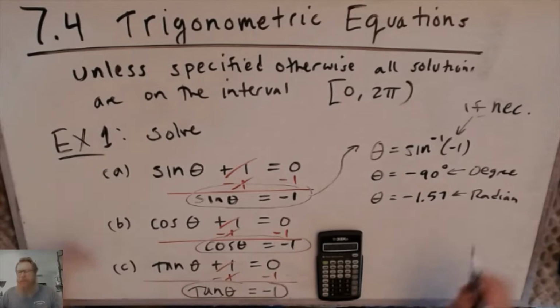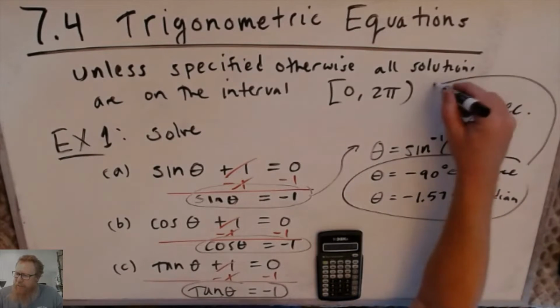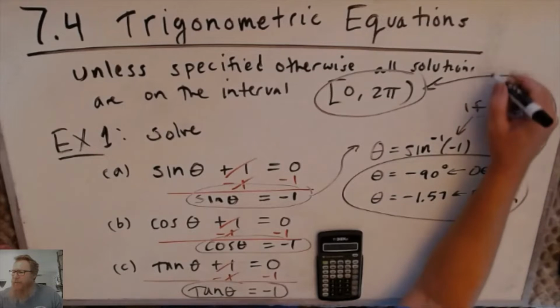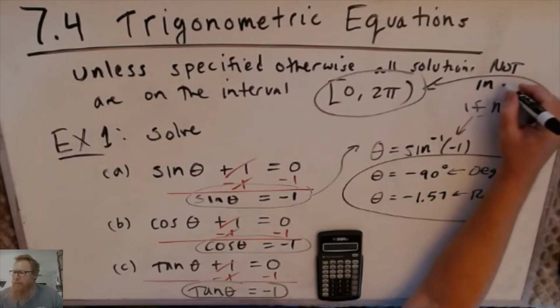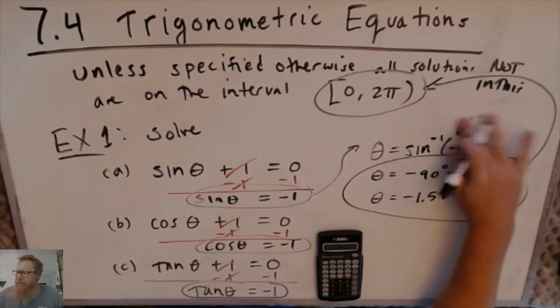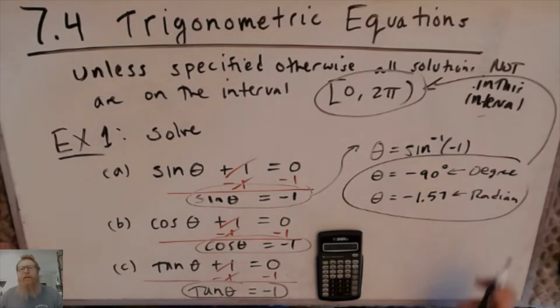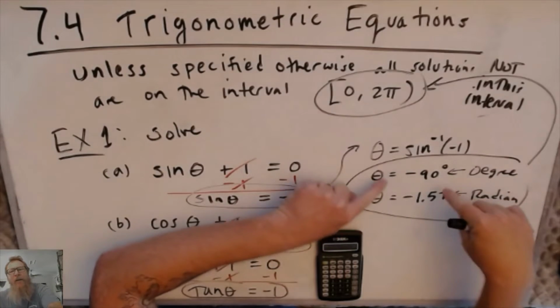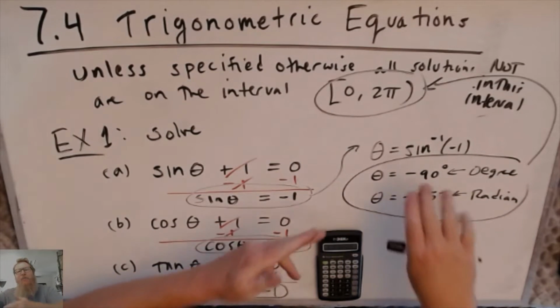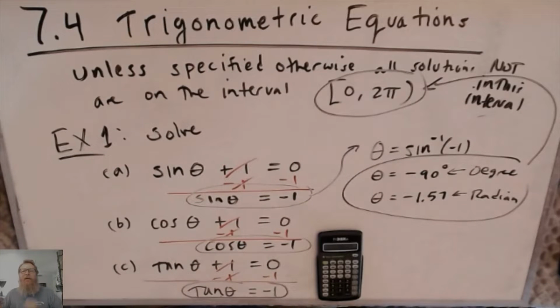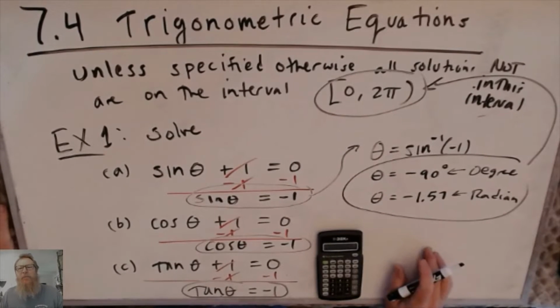The problem is neither one of these are in the proper interval. It's not in this interval. So you would then have to do extra work to take these calculator answers that you got and translate them into a radian measure from 0 to 2 pi.